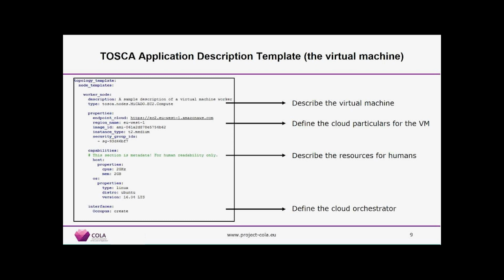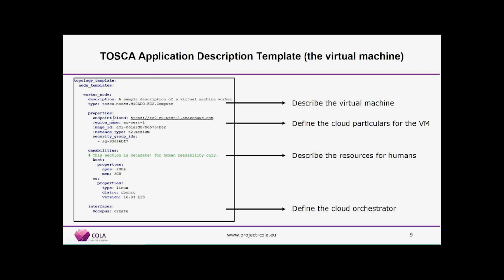In the case of a virtual machine node, or a worker node in this case, the properties that we're defining are those that are needed to spawn up the VM. So we've taken a look at a couple different cloud orchestrators. We've looked at Octopus and Terraform so far, which both accomplish the same thing, and they both need a very, very similar set of data or particulars to launch a VM.